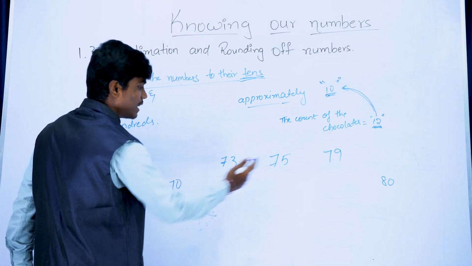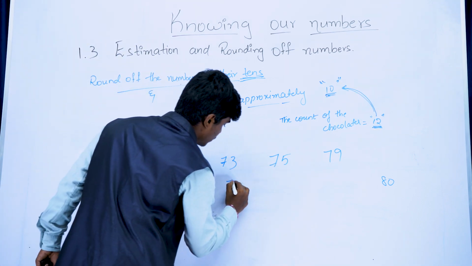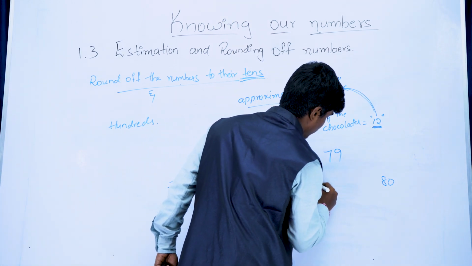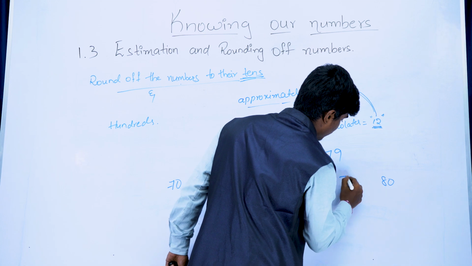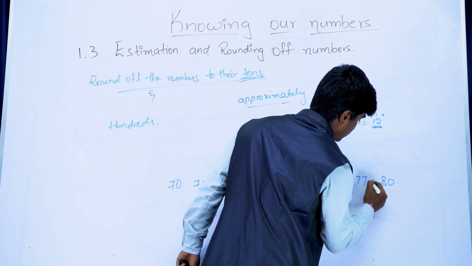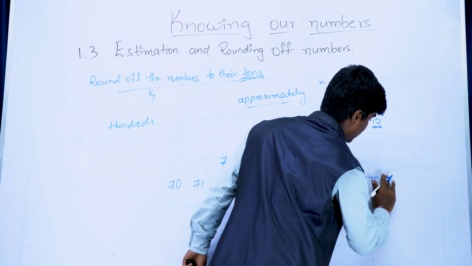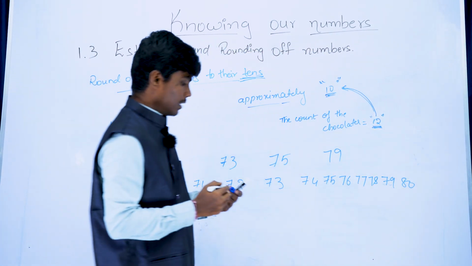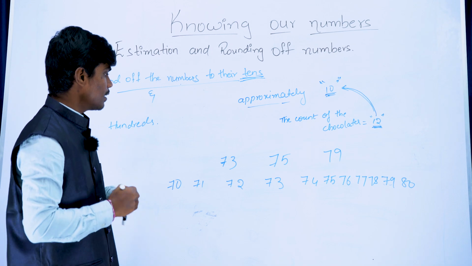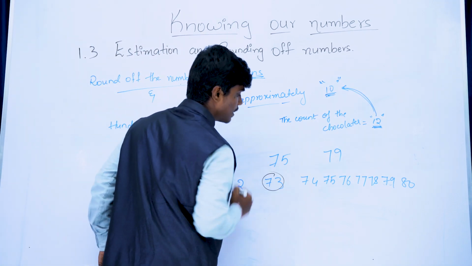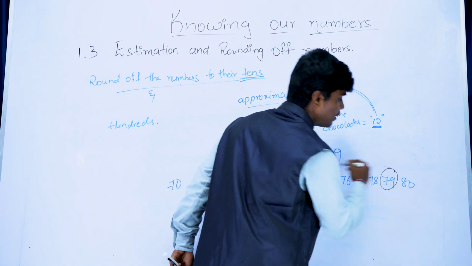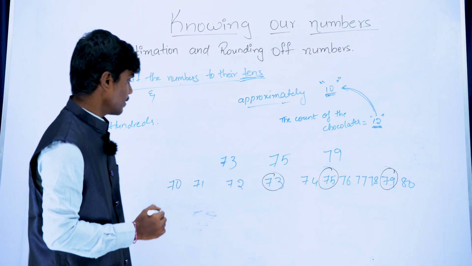The numbers between these are 71, 72, 73, 74, 75, 76, 77, 78, 79 and 80. See, he gave 73, 75 and 79.